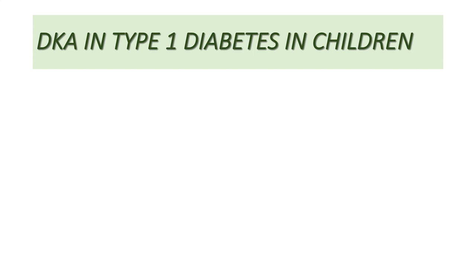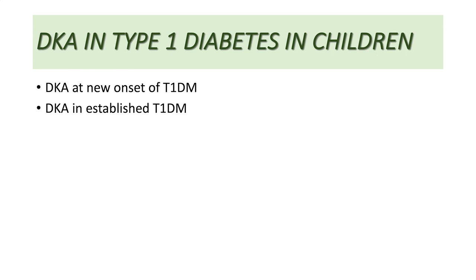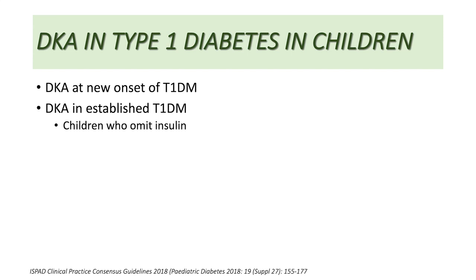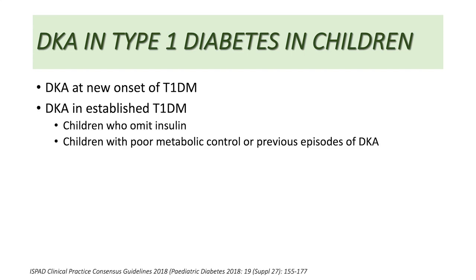So DKA can develop at new onset of type 1 diabetes, but also it can develop in already established type 1 diabetes. And that can happen, for example, when children omit insulin, or those with very poor metabolic control or previous episodes of DKA are at risk for another episode of DKA.